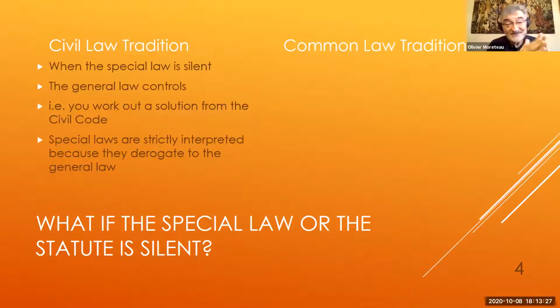So, as a consequence, in a civil law tradition, special laws, more technical laws, are strictly interpreted because they derogate from the general law. Okay, we accept that the special laws apply because the case is within the scope of the special law, but don't overstretch or try to expand the scope of the special law because it is very often making a solution different from what you have in the civil code.